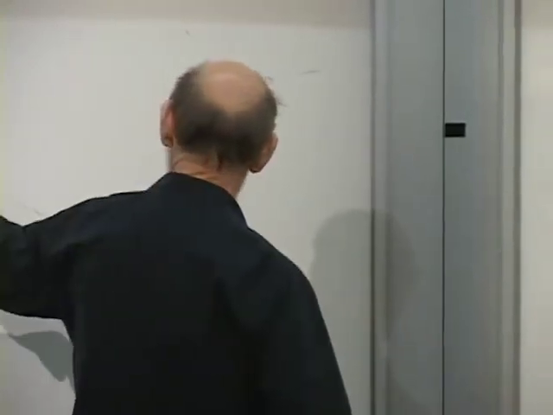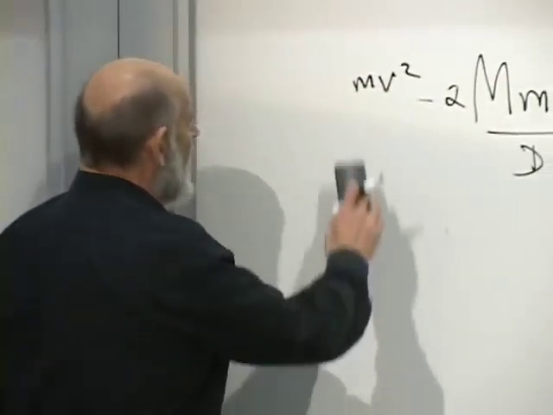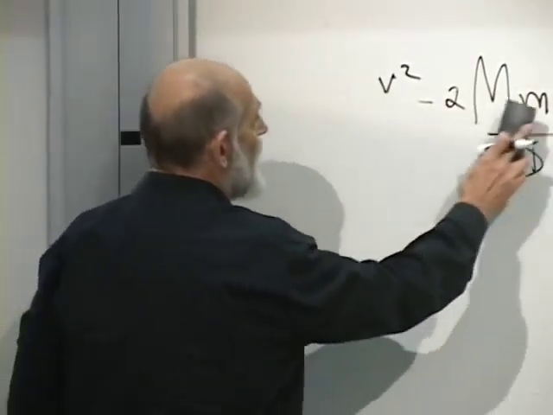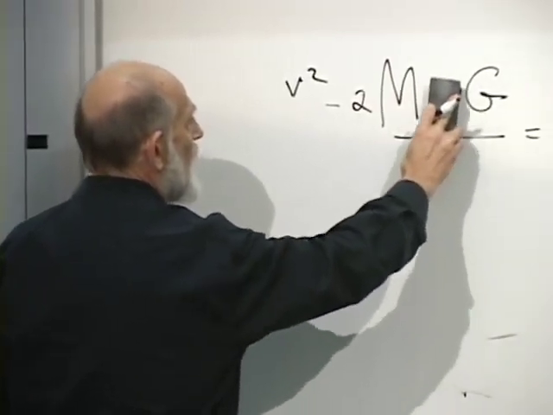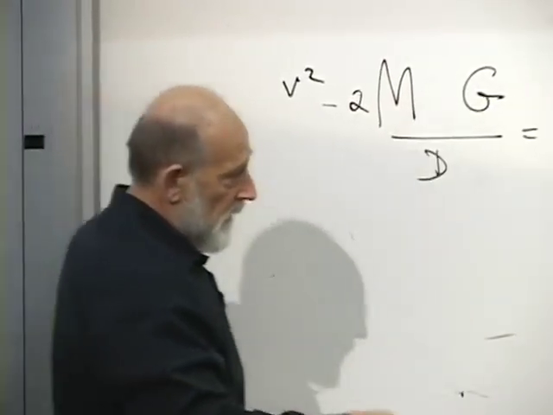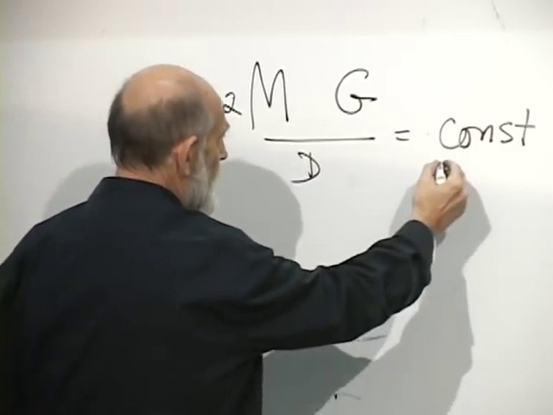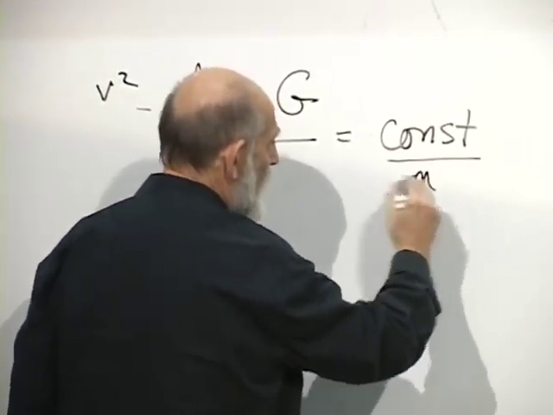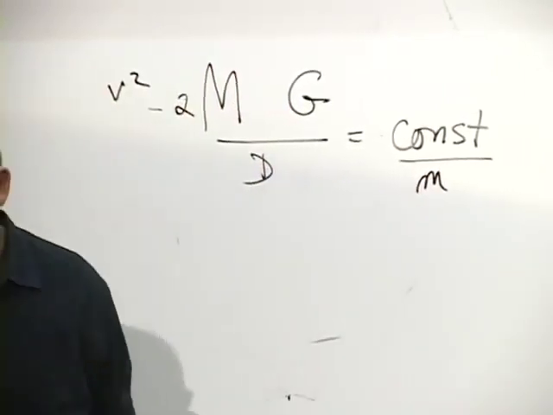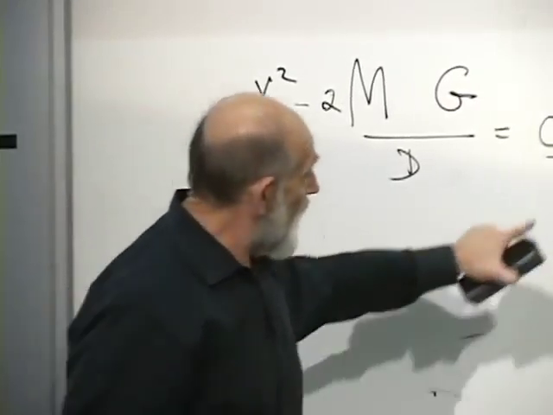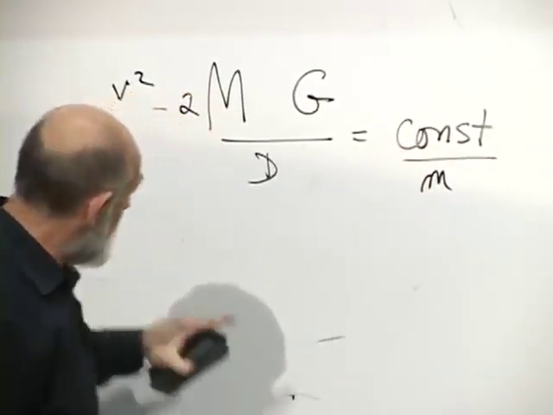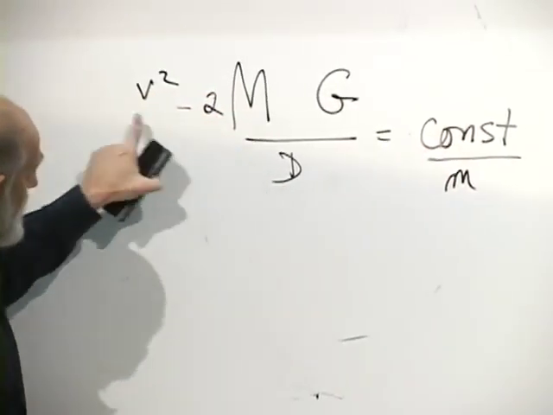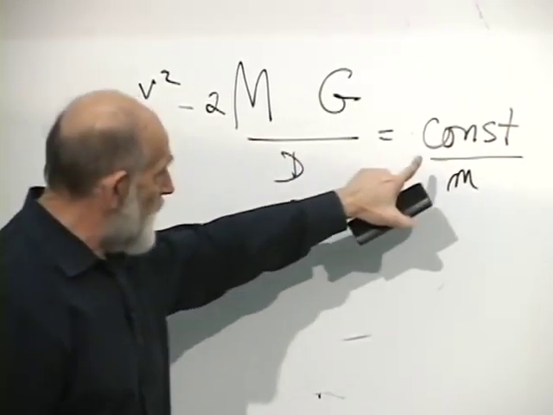Incidentally, let's go one step further before we move to this board. Let's go back to this board, and let's divide by the mass of the projectile particle. The mass of the projectile particle is also a constant. That means the constant divided by m here. M appeared in both these terms here, and the right-hand side was just a constant.